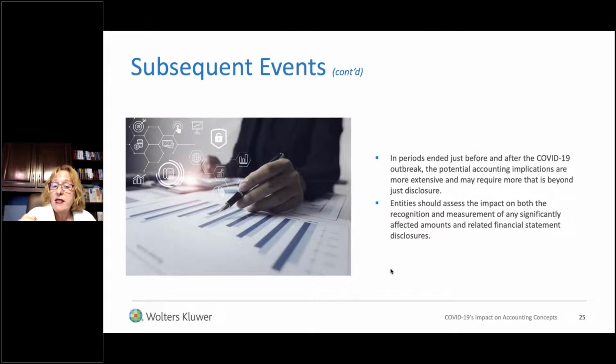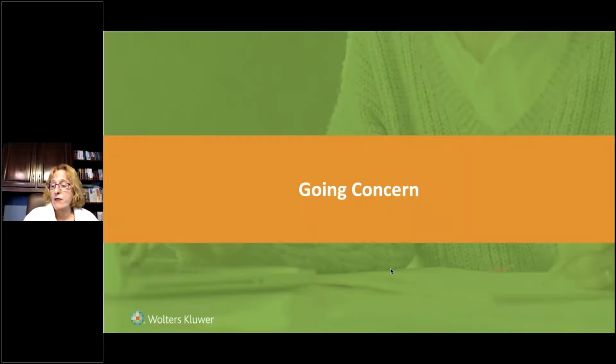In periods that ended just before and after the COVID-19 outbreak, just before, now we haven't had an after yet, but they say, okay, after, the potential accounting implications are more extensive and they're going to require more than just word disclosure. Entities are going to have to assess the impact on both the recognition and measurement of any significantly affected amounts related to your financial statements.